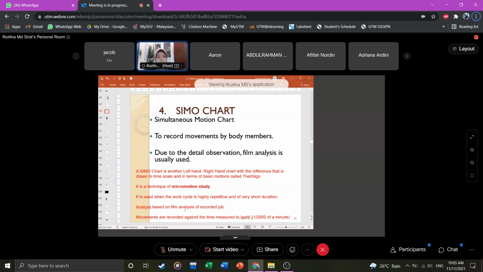Analyzed based on film analysis of the recorded job. Movements are recorded against the time measurement in wink, like the blinking of your eye. Very fast motion.